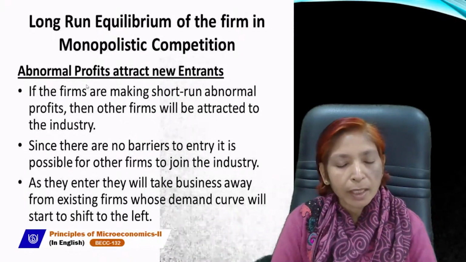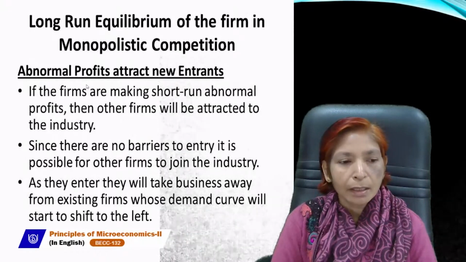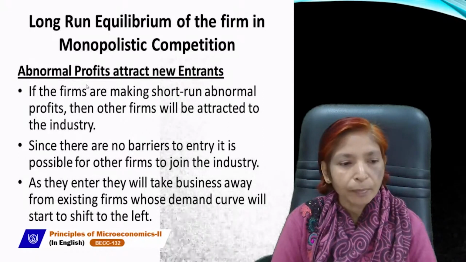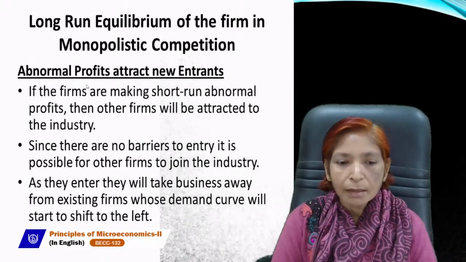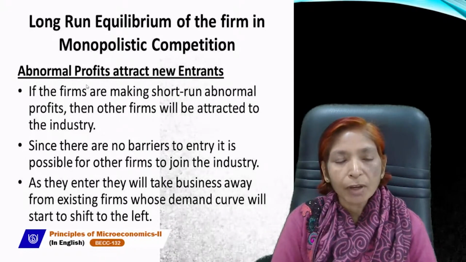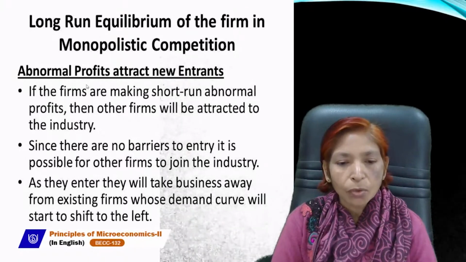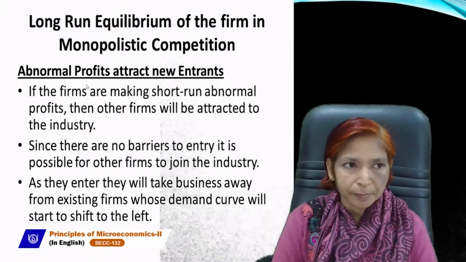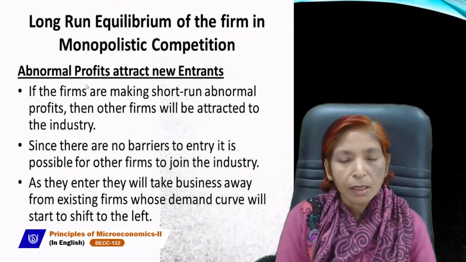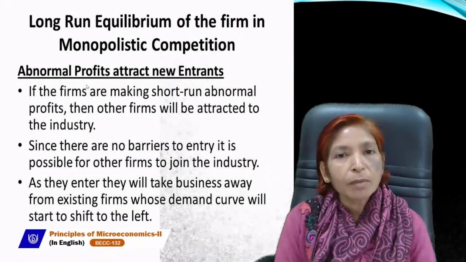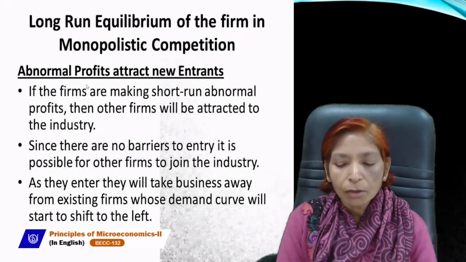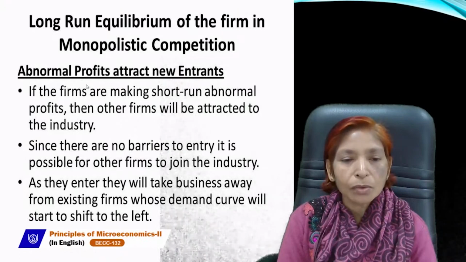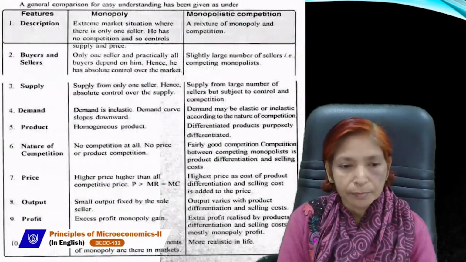Since there are no barriers to entry, it is possible for other firms to join the industry. As they enter, they will take business away from existing firms whose demand curve will start to shift to the left. So in the long run, monopolistic competition firms always earn normal profit, where LAC is equal to LAR.